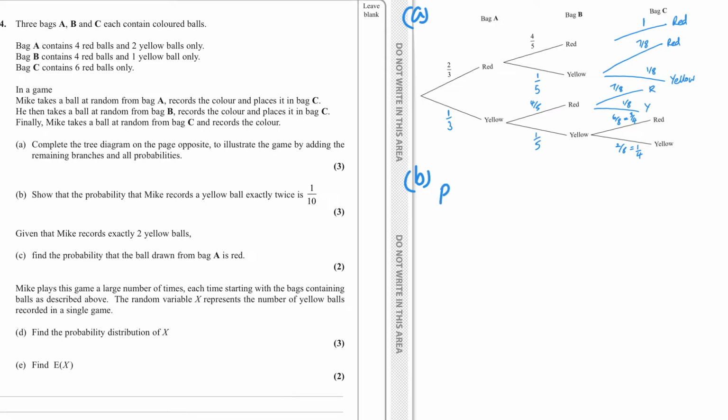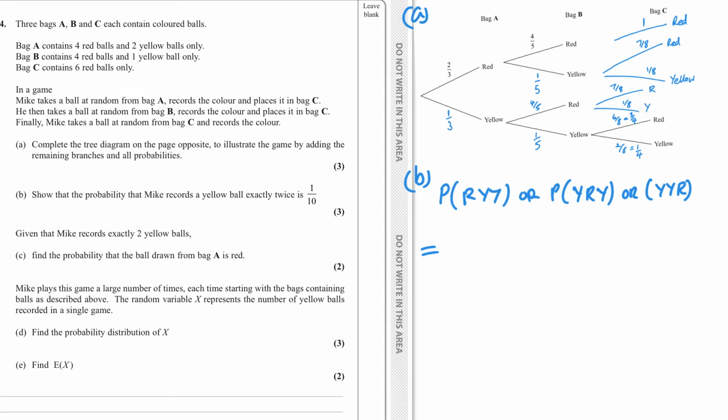So I'm looking at, and I'll put it in right in here, so we can go red, yellow, yellow, or yellow, red, yellow, or yellow, yellow, red. Only 3 combinations there to be able to get to 2 yellows exactly.